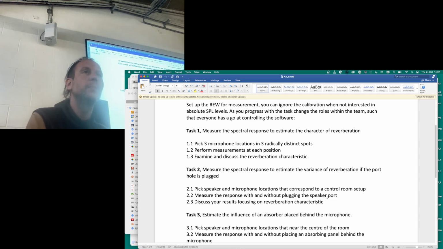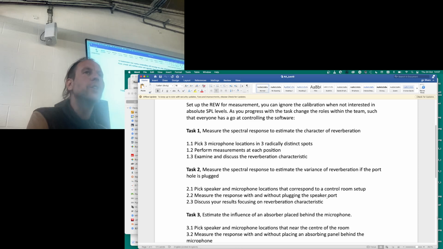So we had people in here, no treatment, quite large. We had people in 44, so quite large, but treated. This was the middle case. And then we had people in 88, which was small and treated.